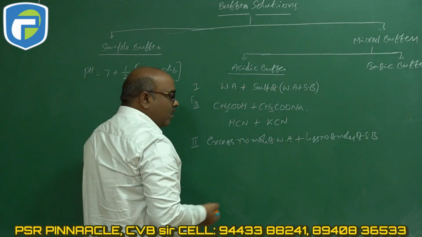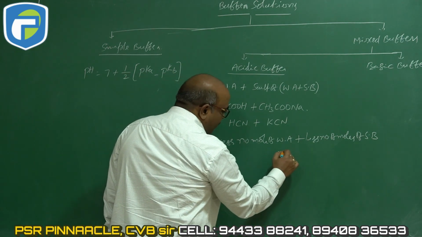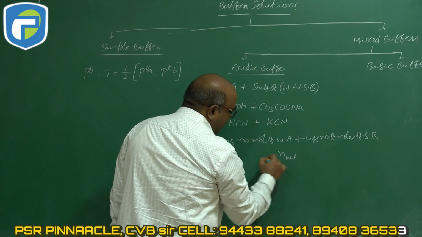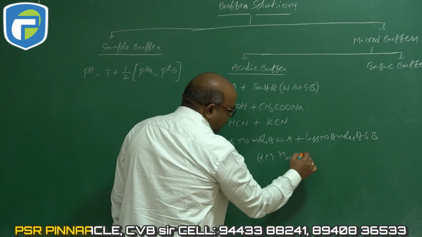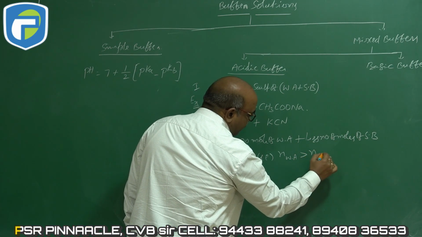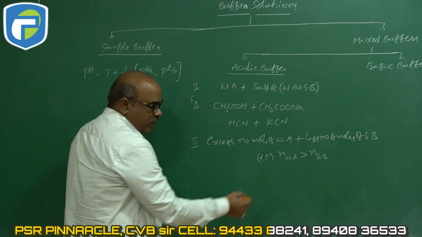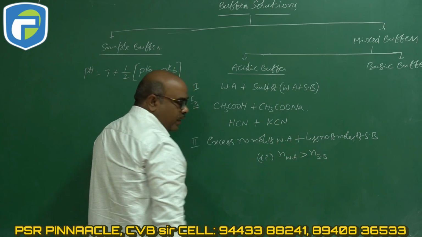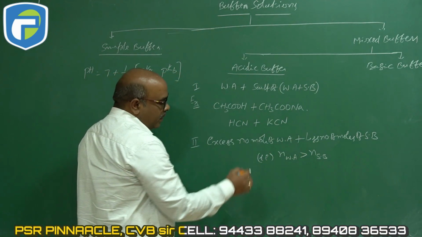The number of moles of weak acid must be greater than the number of moles of strong base, then it acts as a buffer.